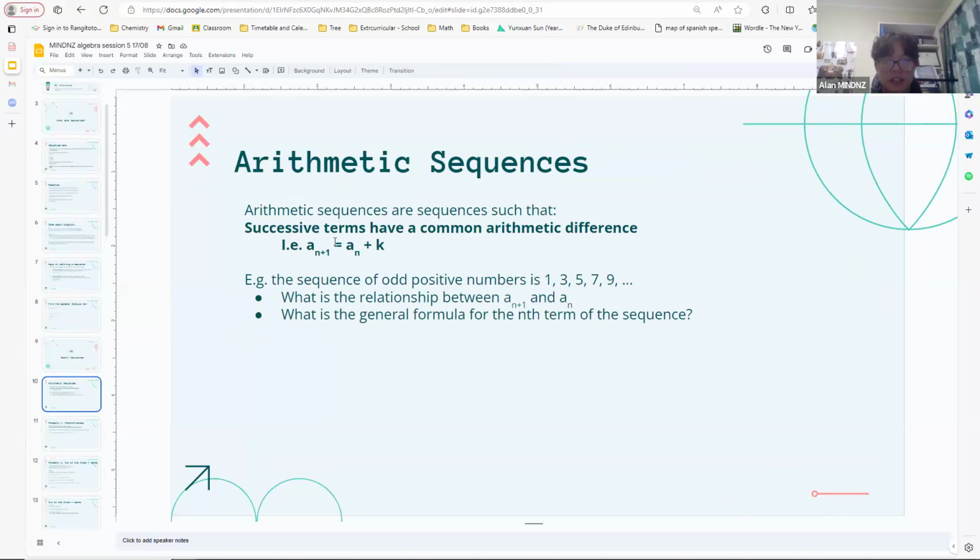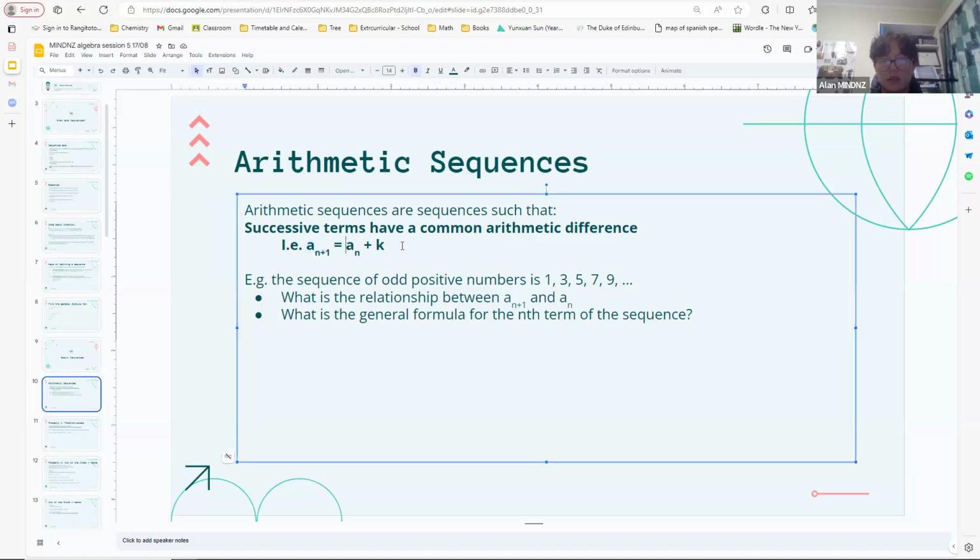In an arithmetic sequence, successive terms have a common difference, the arithmetic difference. So a_{n+1} is just a_n plus k, where k can be any real number. So here's an example. The sequence of odd positive integers is 1, 3, 5, 7, 9, dot, dot, dot. What is the relationship between a_{n+1} and a_n? Can someone tell me in chat?